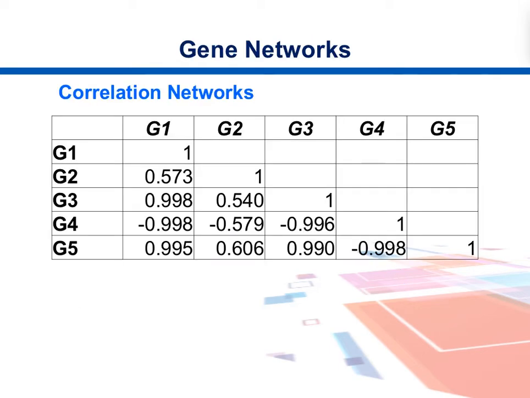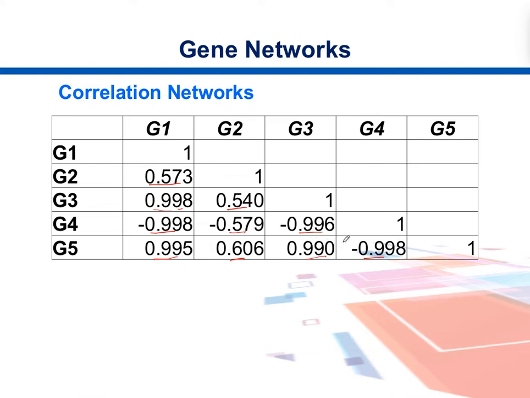So we can use these correlations in gene networks. Here we have 5 genes, G1, G2, gene 3, gene 4 and gene 5, and we construct a matrix with the same genes on the rows and the columns, and the data points in between are the correlations. For example, between G1 and G2, G1 and G3, G1 with 4 and 5, G2 with 3, 4 and 5, G3 with 4 and 5, and G4 and 5.